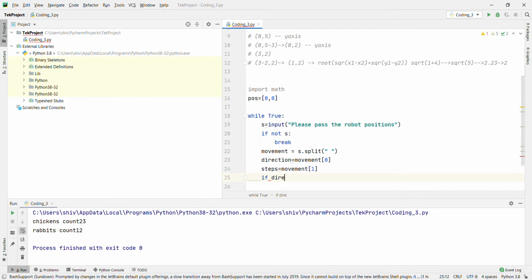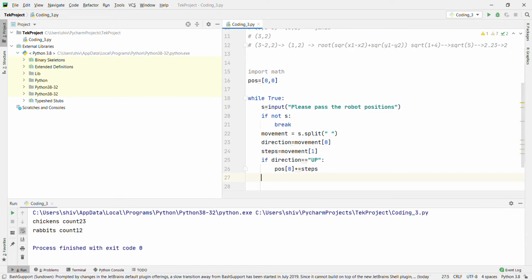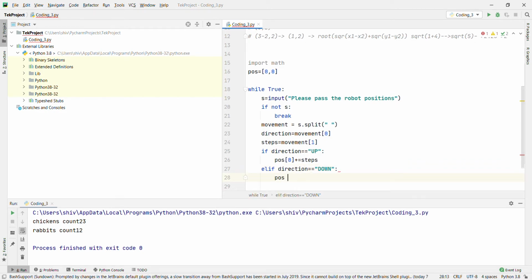Now what's the next step? If the direction is equal to up, then the position 0 is going to add the step, equal to steps. If you are going up, the step will be increased. If you are going down, the step will be decreased. Else if direction equal to down, then we have position 0 minus equal to steps.